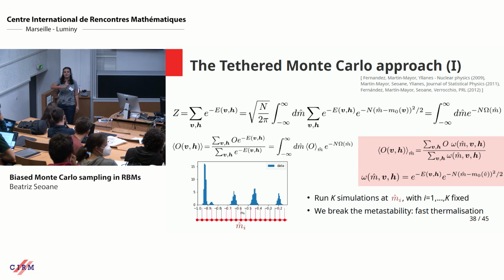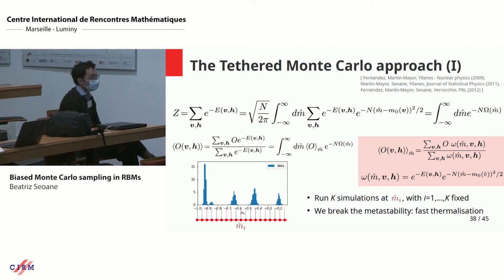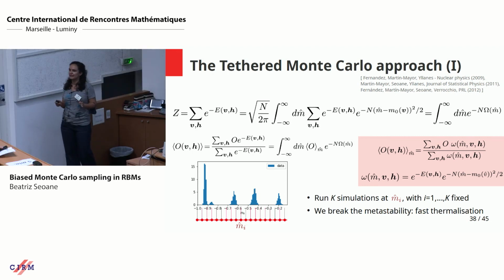So we need to do the sampling one by one. We can do all the M hat in parallel, but if we want to do 100 steps, it gets 100 times slower. So for the moment, we are still trying to understand how many steps we need. Right now, it's too slow, but we hope that we will be able to do it better.